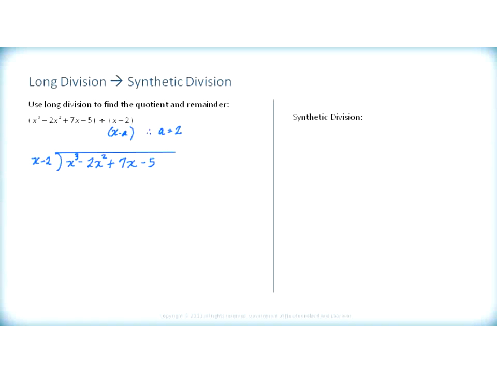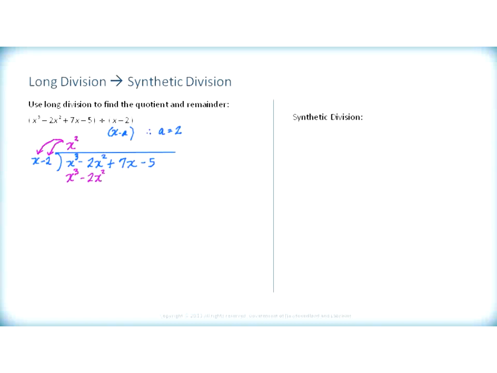The first question we ask is, x multiplied by what will equal x cubed? And the answer is x squared. X squared needs to be multiplied by both terms in the divisor. X squared times x is x cubed. X squared multiplied by a negative 2 is a negative 2x squared.